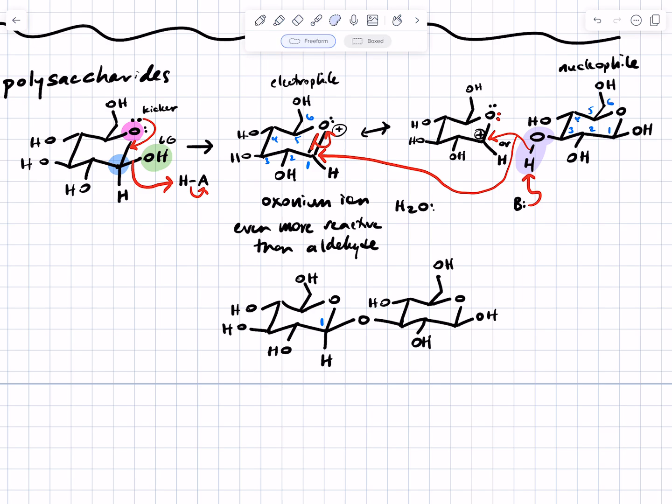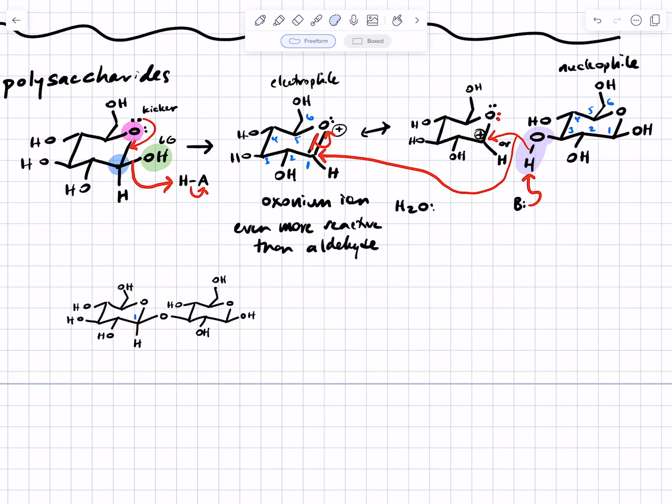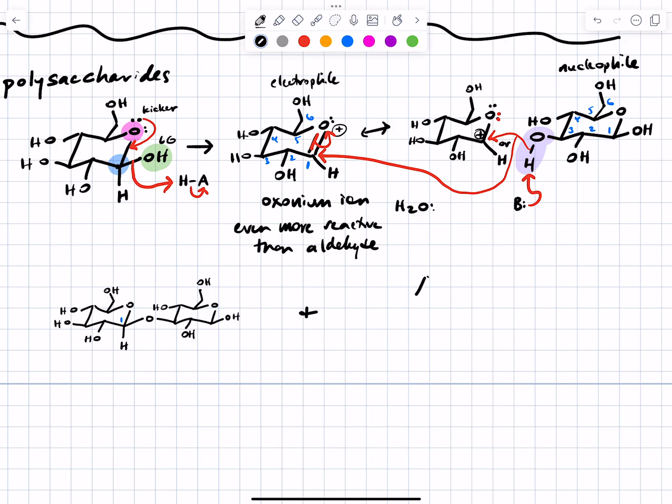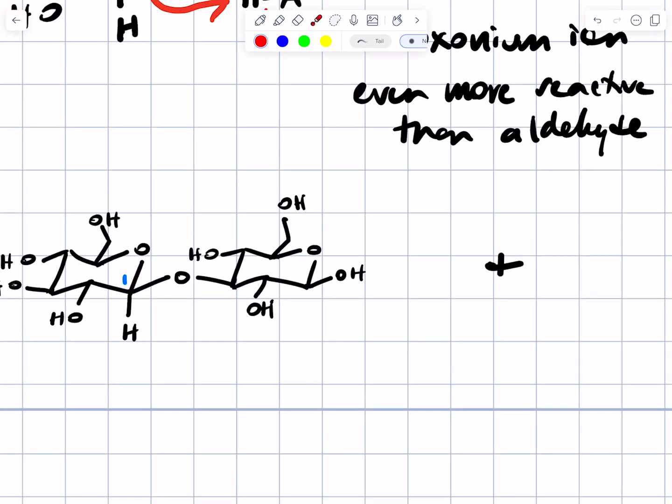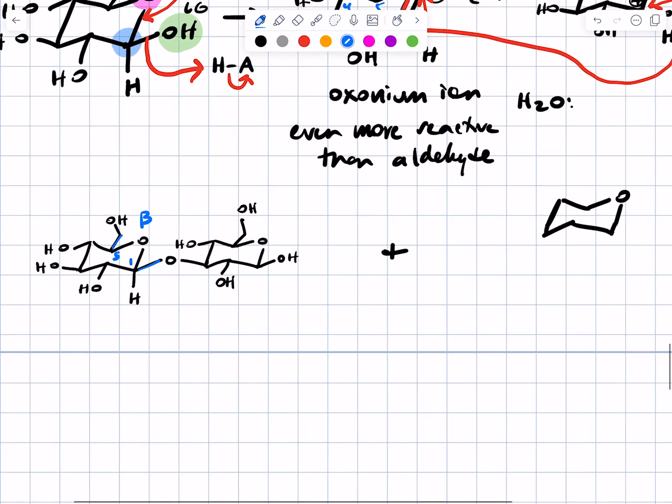All right, so this is the option if I get the alpha configuration. And this is the option, I said that entirely wrong. Is this oxygen on the same side or the opposite side of the ring as the C5 hydroxymethyl group? Same or opposite? Same. This one's up, this one is up. So that's a beta configuration at C1.